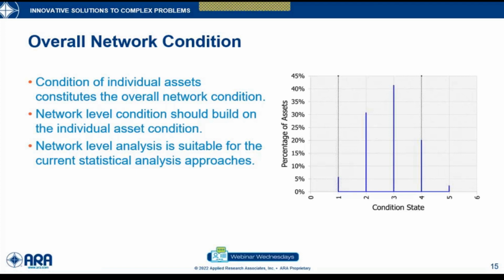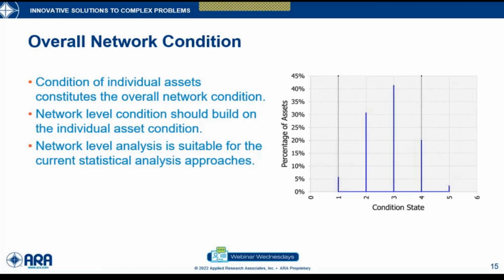So the concept of propagation is basically that the overall network performance should account for the individual assets. And even though the statement sounds very intuitive, very trivial, sometimes what happens is when you summarize at the network level, you lose track of the individual assets. And that's understandable given the complexity of keeping track of the individual assets.